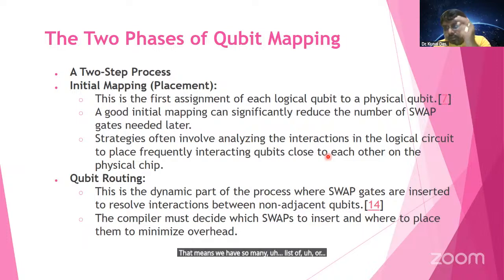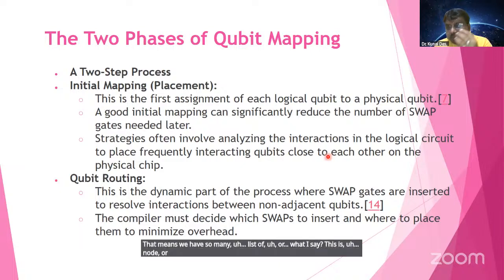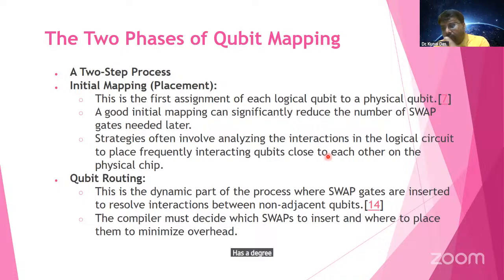What I am saying is that each node or qubit has a degree, the same degree of connectivity. Now, from the pool of same connectivity, we select one qubit for the placement. Once we have selected one qubit for placement, the next phase is qubit routing.